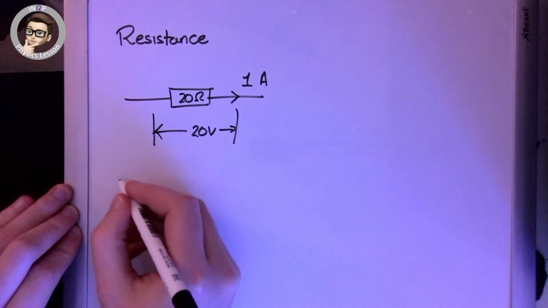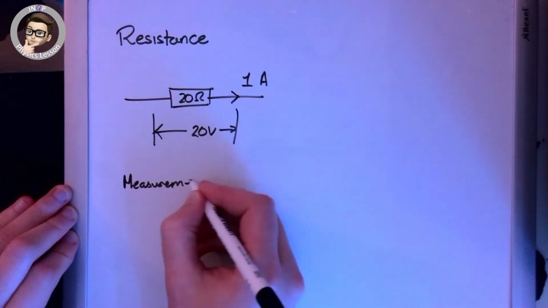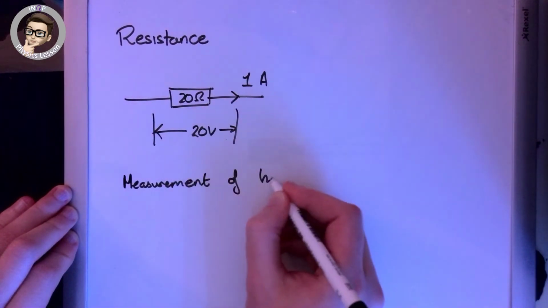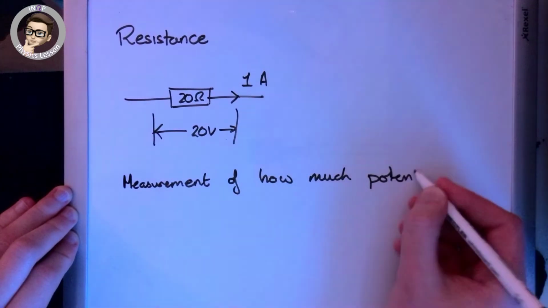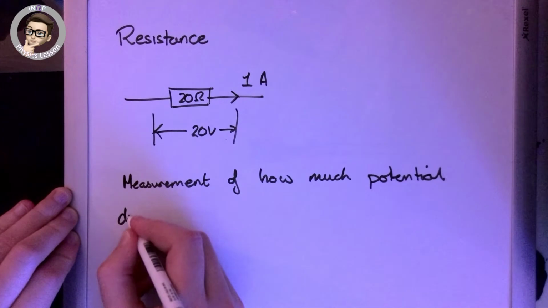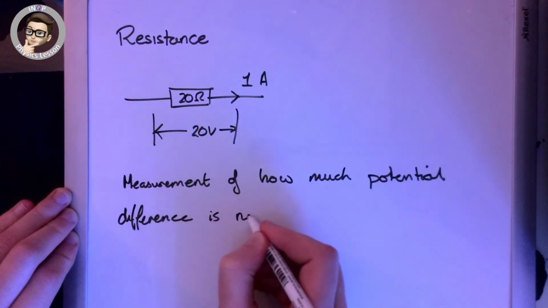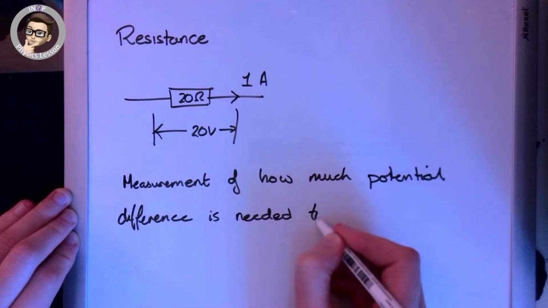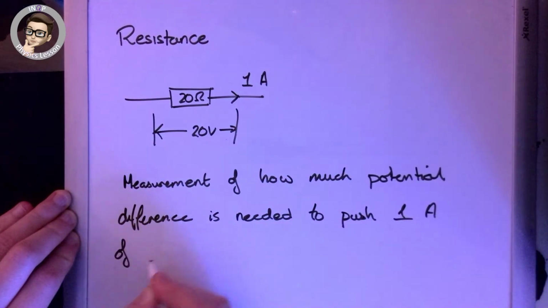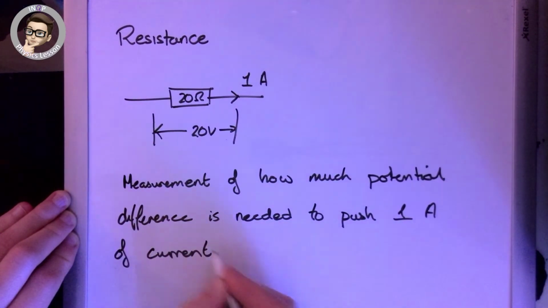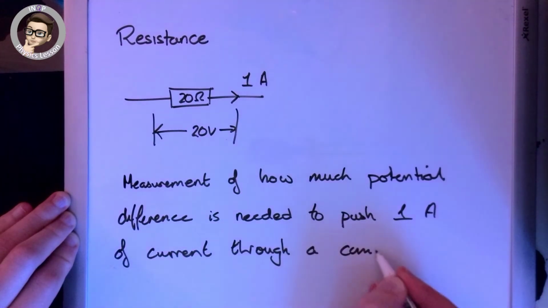So resistance is a measurement of how much potential difference is needed to push 1 ampere of current through a component.